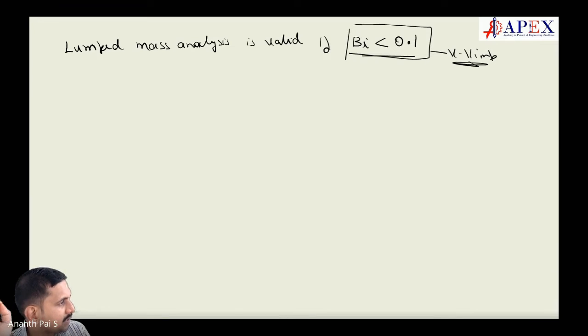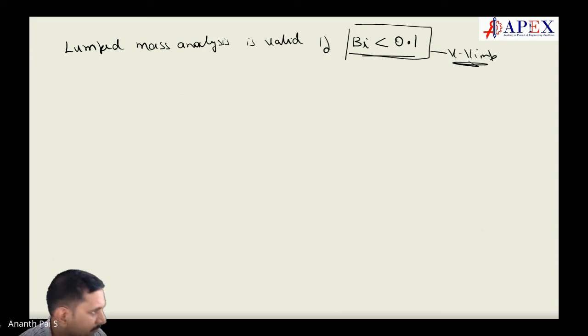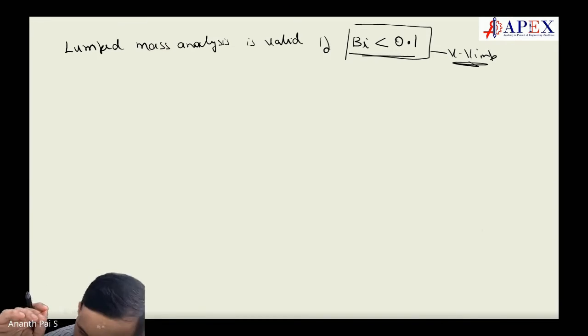Now people will say, sir, why 0.1, why not 0.01? Yeah, you can do that. But what do we consider is important. What the world considers, that's important. If Biot number is less than 0.1, it is considered to be lumped mass. Fine.